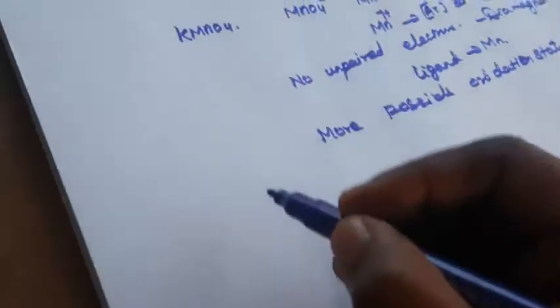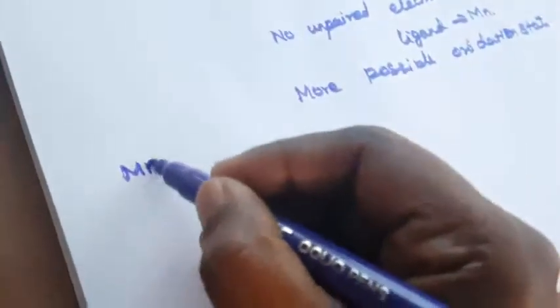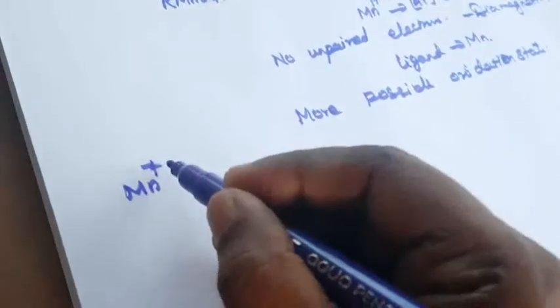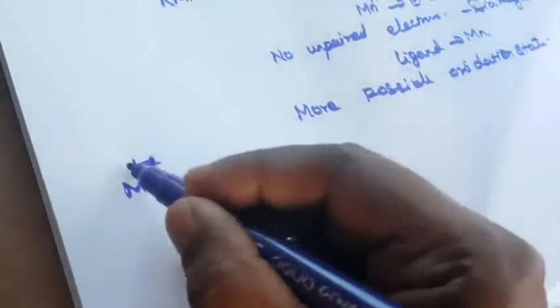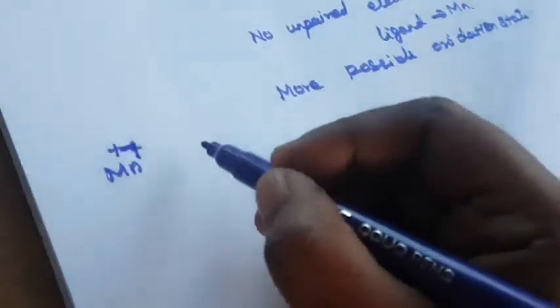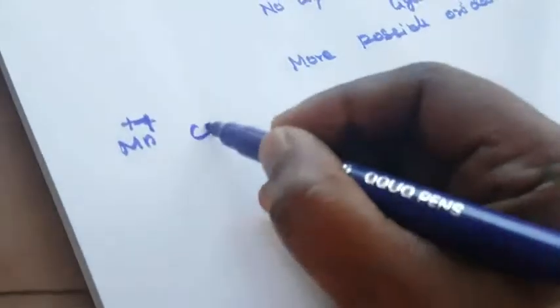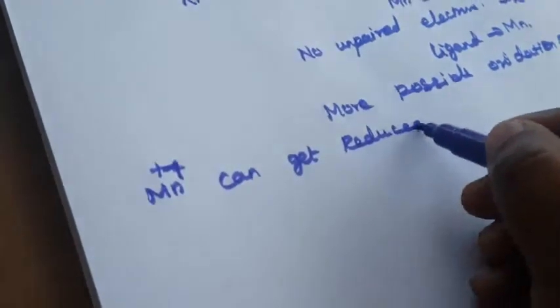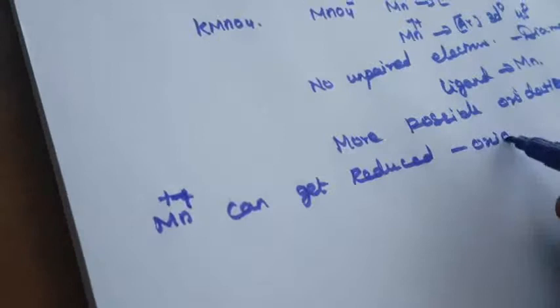So that is the next one. The Mn7+ can get reduced, so it is a powerful oxidizing agent.